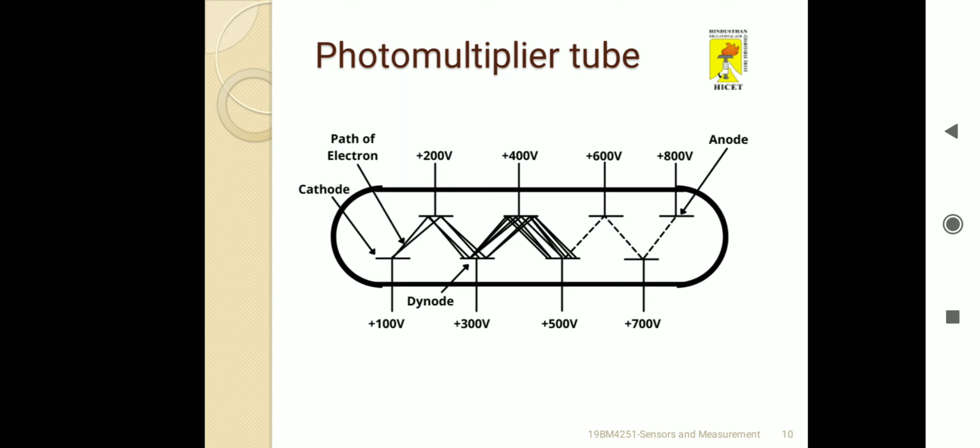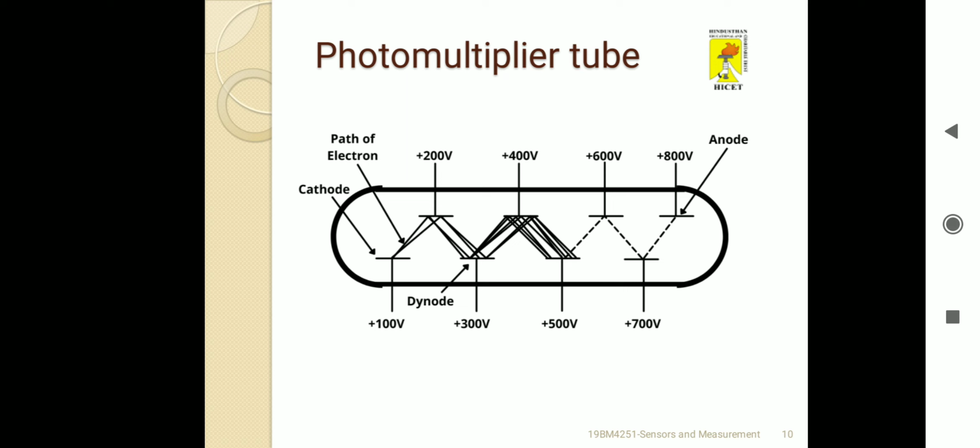Look at how the photomultiplier tube is constructed. It has a cathode, and the stages run from plus 100 volt, the next dynode at plus 200 volt, the next at plus 300 volt, and 400, 500, 600, 700 and 800 volt at the final dynode. First, the photons generated in the scintillator strike the cathode.